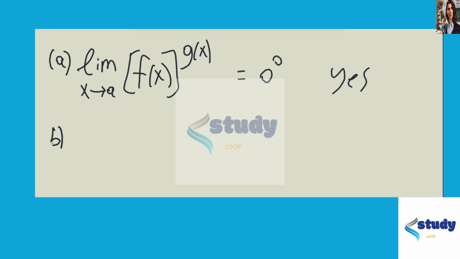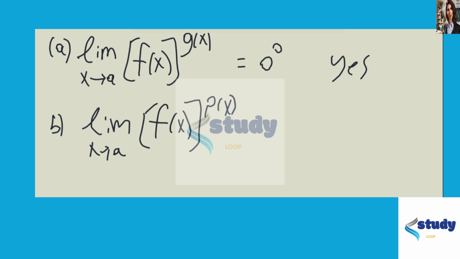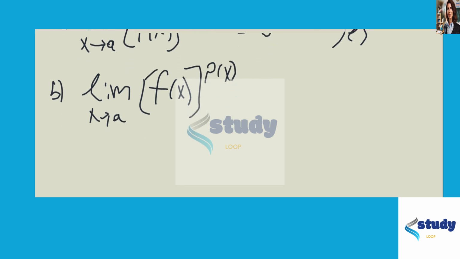For part B, we consider the limit as x approaches a of f of x to the p of x. So let's go ahead and let y equal f of x to the p of x, and then apply the logarithm to both sides.